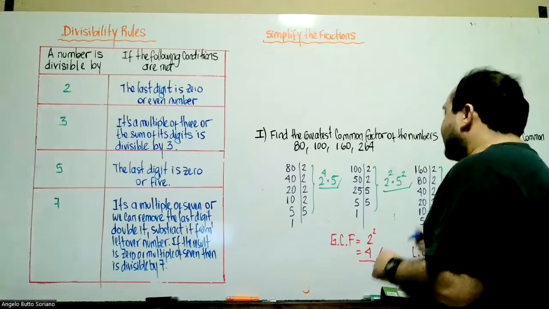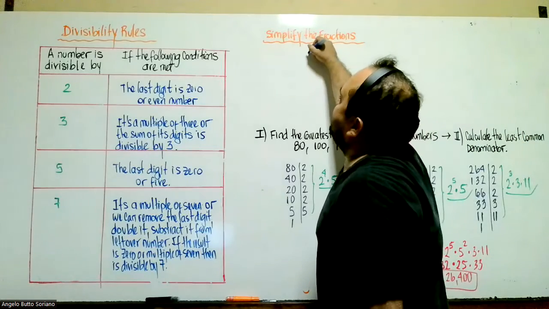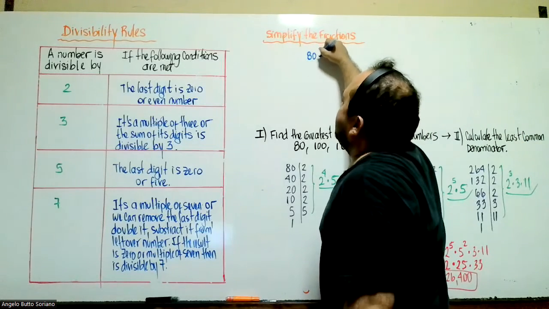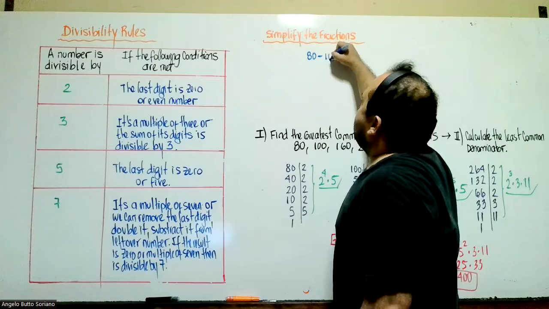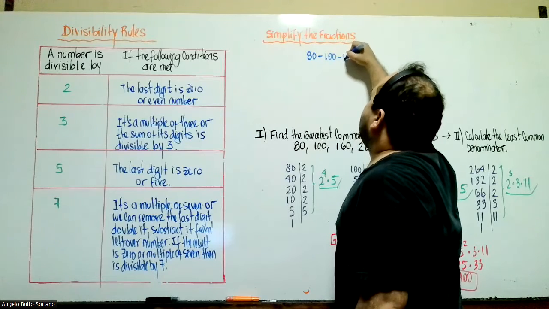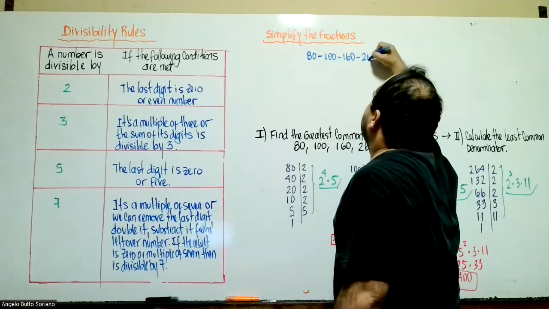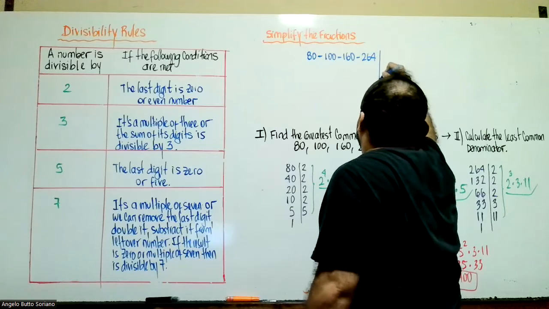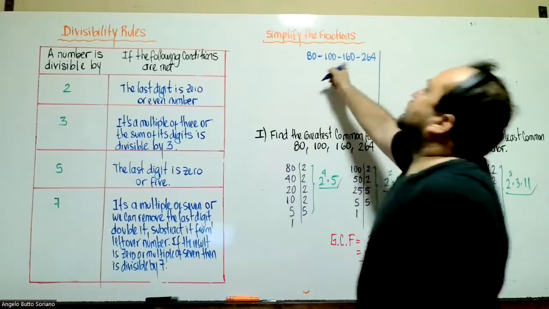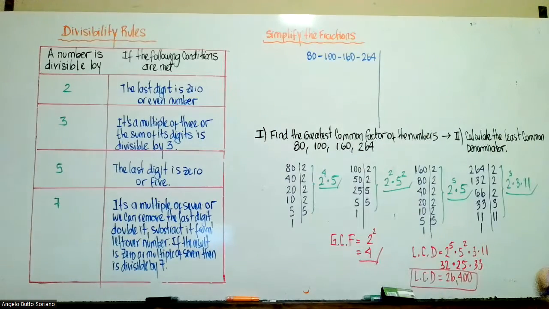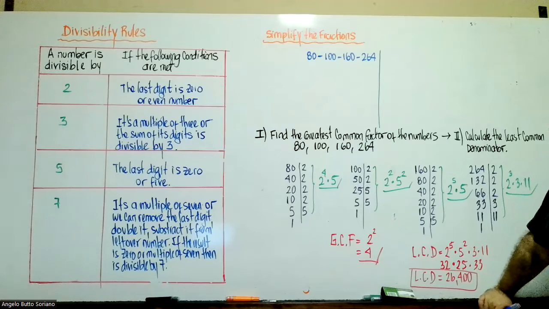I mean, we have the numbers 80, 100, 160, 264. Okay, I'm not subtracting, it's just like I'm putting together the numbers 80, 100, 160, and 264.